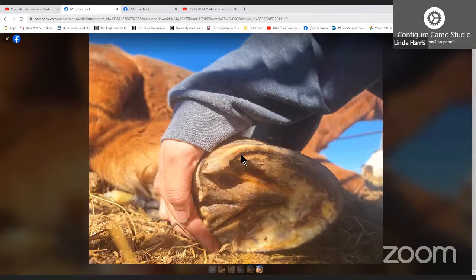But the best part of your body to compare a horse's foot with is your nose, because everything that's on your nose is basically on the horse's foot. That's inside. We're not talking about the capsule that we're looking at here. We're talking about the inside of the foot.